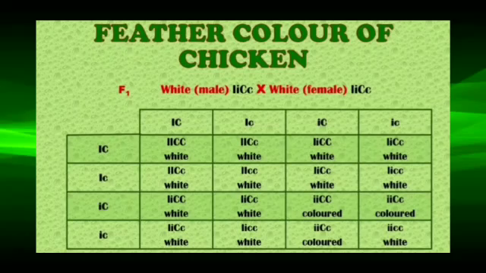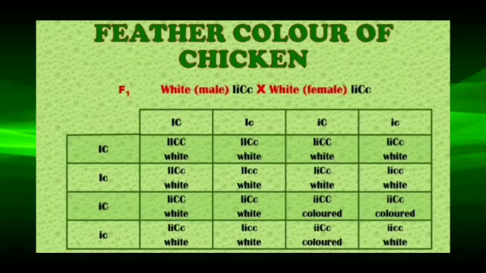Any chicken with one dominant capital I in their genome will have white feathers. At the hypostatic locus, either capital C or small c, the dominant allele capital C codes for colored feathers, while the recessive small c codes for no color.